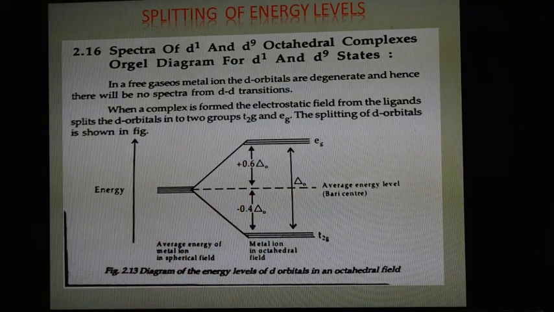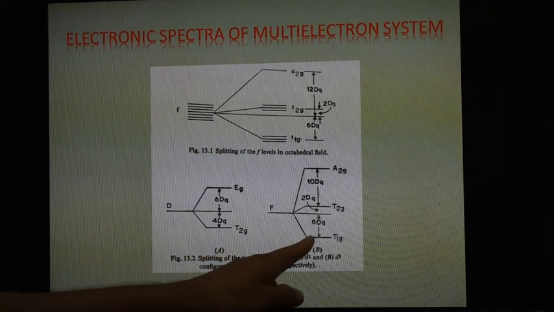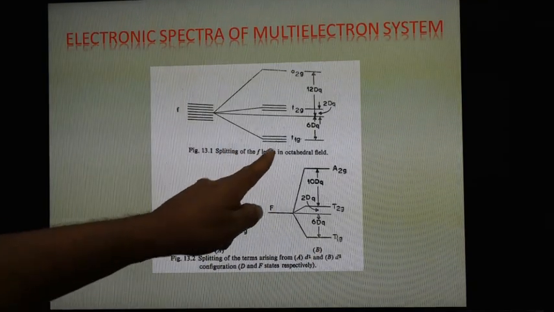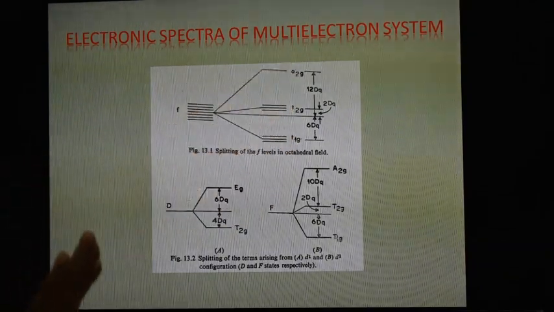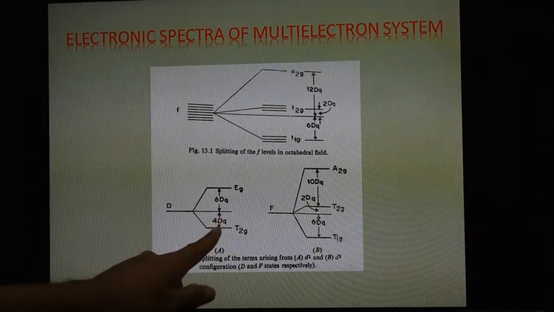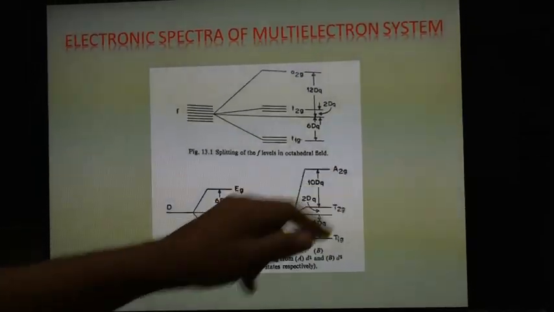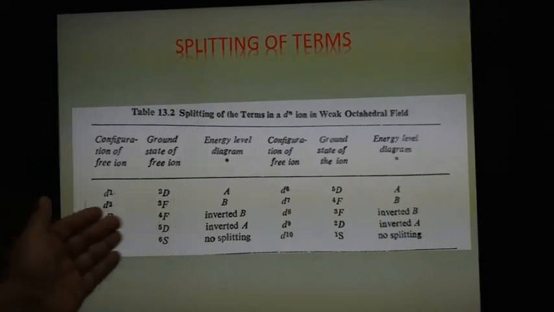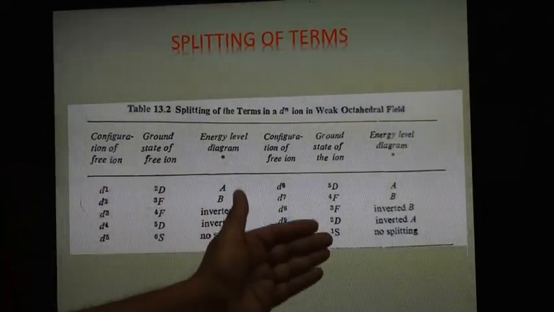This is the splitting and these are the terms. This is the A figure, this is the B figure, and this is the splitting of F into 3 states, T1g, T2g, A2g in case of an octahedral field. Here also is given how the d orbital t2g and eg states split up. So these are the terms, and the diagram can be plotted for different d1 to d10 systems.